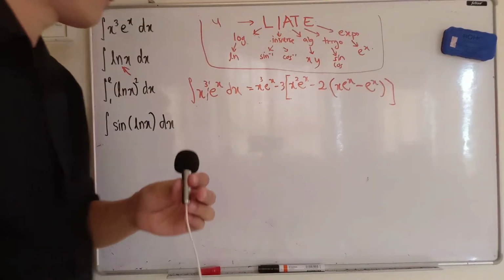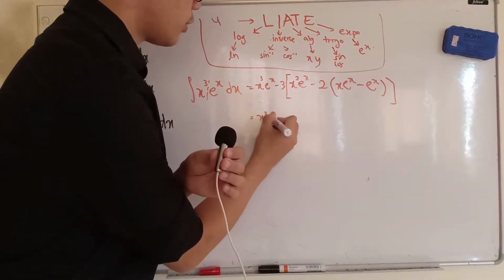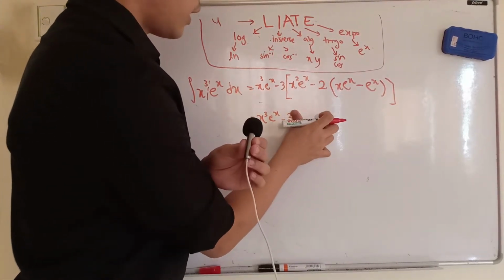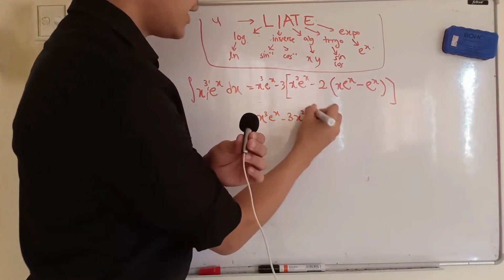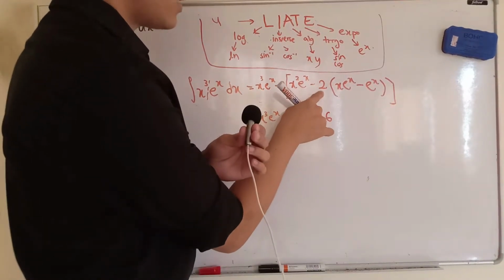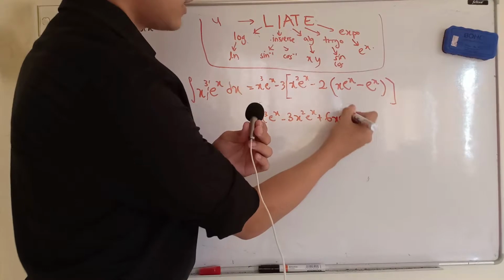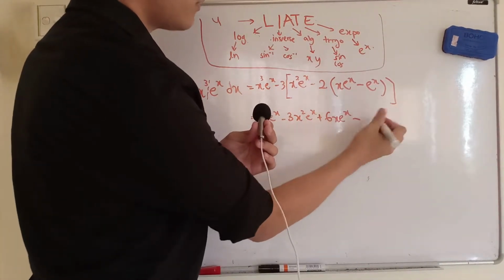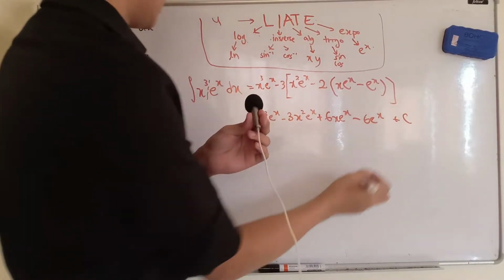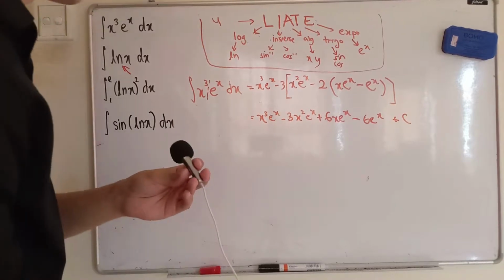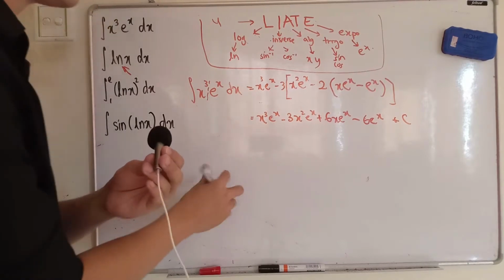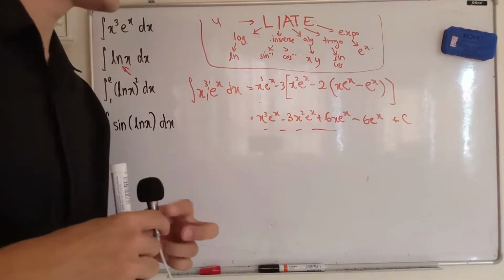So what I'm going to have over here, s cubed e^s minus this 3 put here, 3 s squared e^s, and then this 3 times 2 going to be 6, plus 6 over here going to be 6 s e^s minus 6 e^s, and then we add c because we don't have the bounds. Okay, so this is the last answer. You're going to get a long answer.